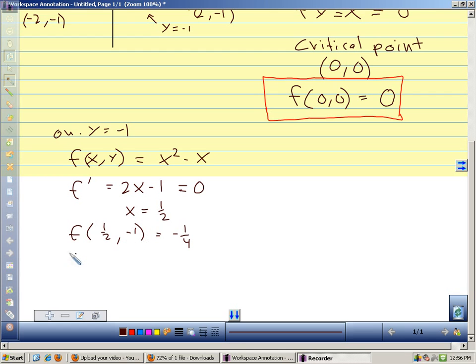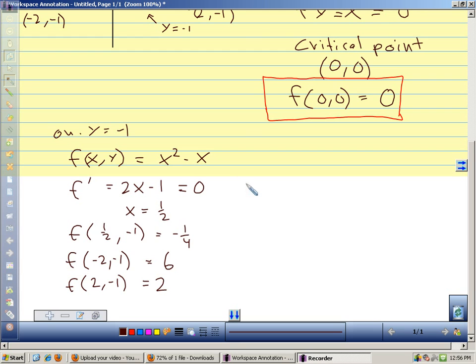So f of minus 2, minus 1 over here is 6, and f of 2, minus 1 is 2. So here are some points that could be our minimum. f of minus 2, minus 1, that's the biggest value of f that we found so far.